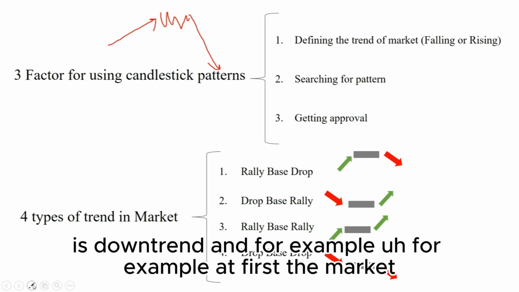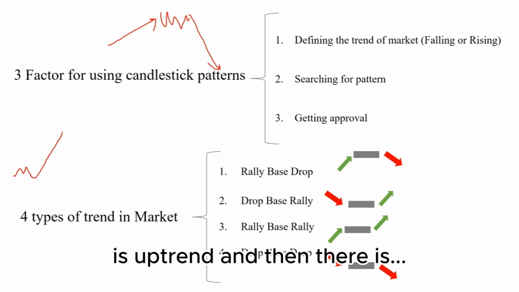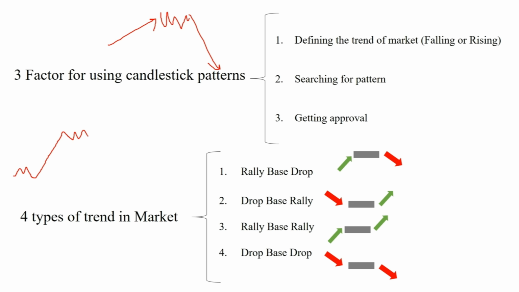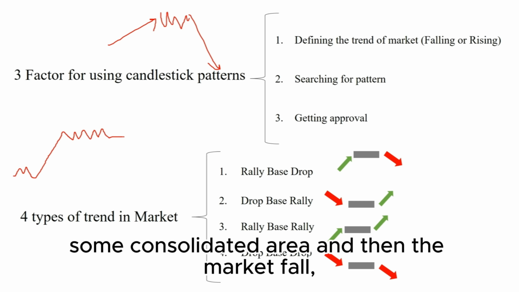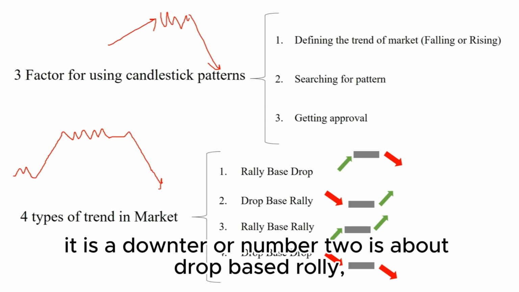For example, at first the market is in an uptrend, and then there is some consolidated area, and then the market falls. Number two is drop based rally.